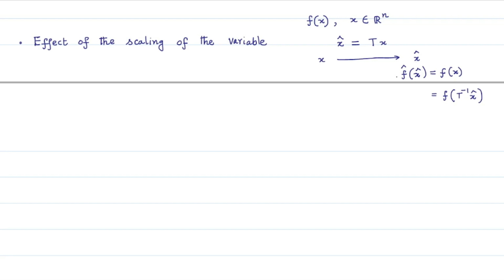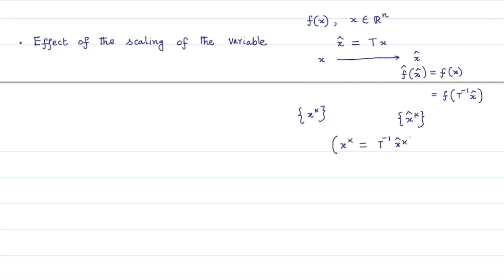Now with this objective function f hat, you go for computing the sequence of iterates in the x hat space by employing DFP or BFGS or any of the optimization methods. Then check: if I compute the sequence x_k by the corresponding optimization method in the x space, then the question is, is x_k equal to the inverse transformation of x_k hat?